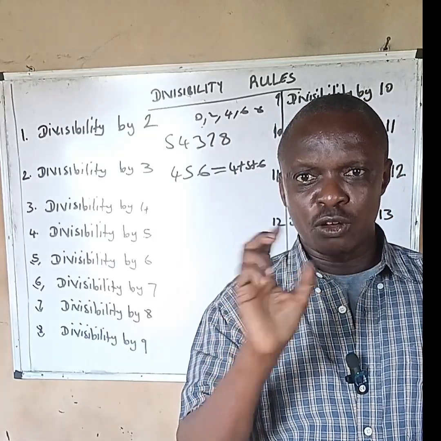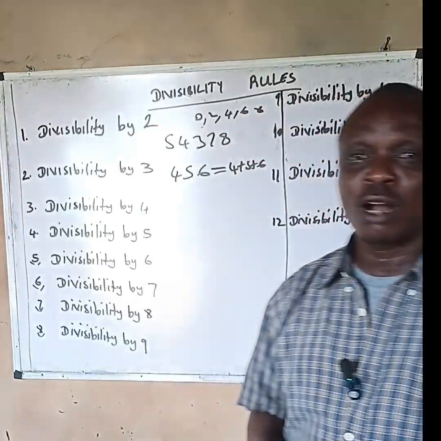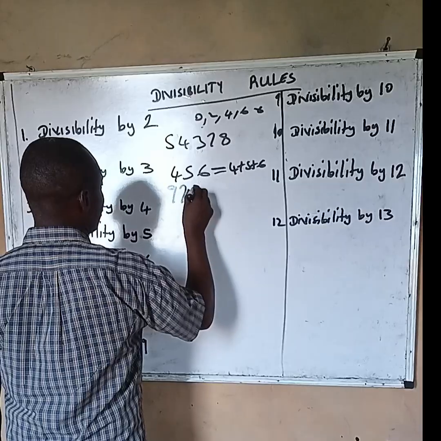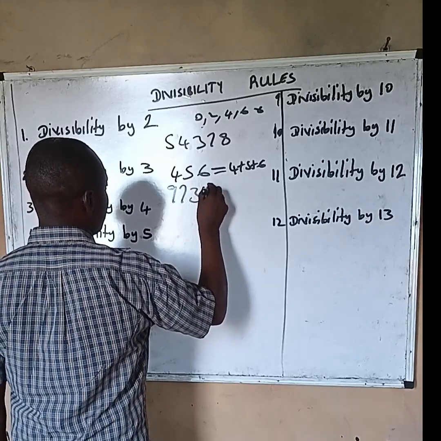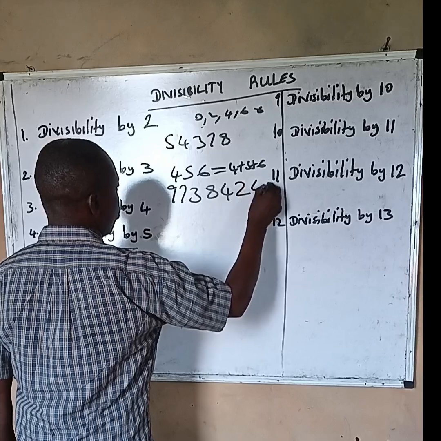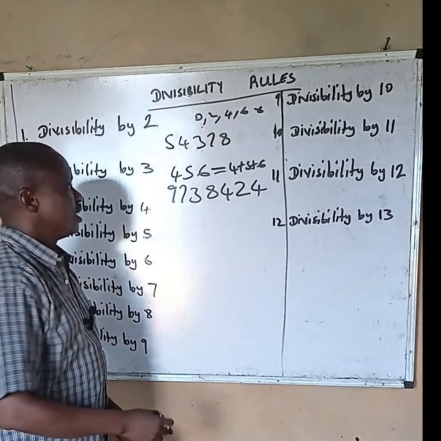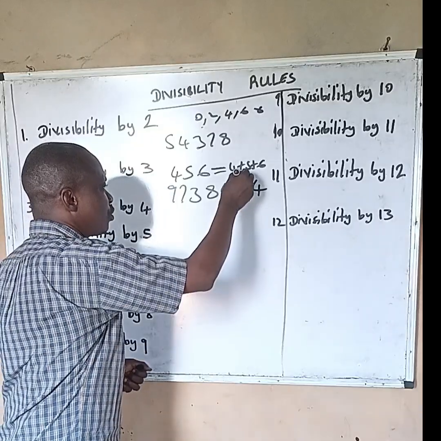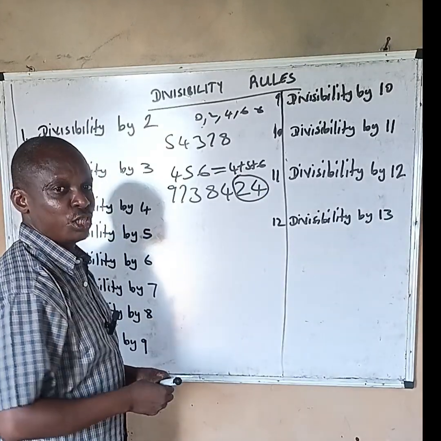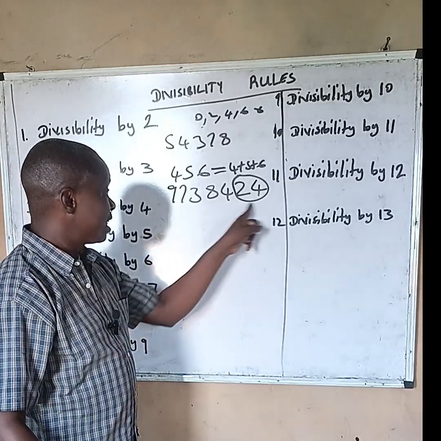For example, if I have 9738424, look at the last two digits. 4 can divide 24, because 24 divided by 4 is 6, it means that 4 can divide this entire number.